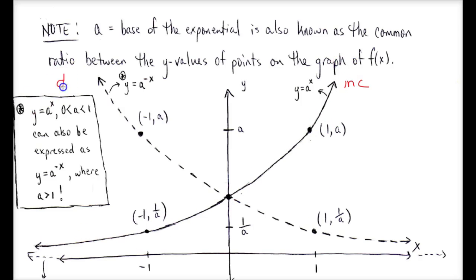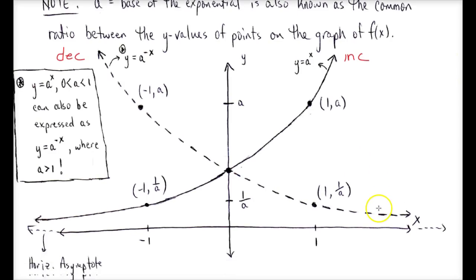And we have exponentially decreasing, where it starts off high and then it goes low. Now, how we tell the difference between whether an exponential function is increasing or decreasing is to know what its base is and or the exponent. And so you'll see what I mean by that.